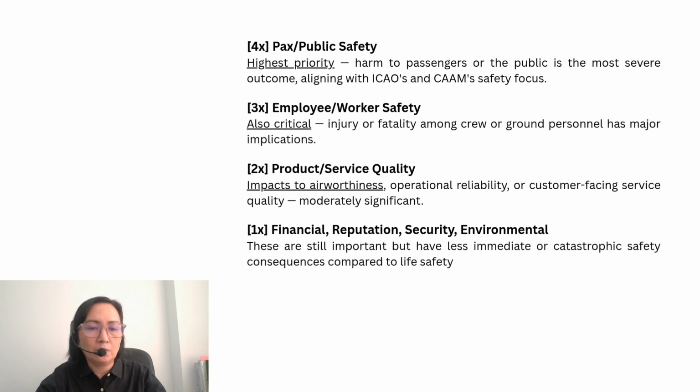Times 3, employee worker safety: also critical. Injury or fatality among crew or ground personnel has major implications. Times 2, product service quality: impacts to airworthiness, operational reliability, or customer-facing service quality, moderately significant. Times 1, financial, reputation, security, environmental: these are still important but have less immediate or catastrophic safety consequences compared to life safety.